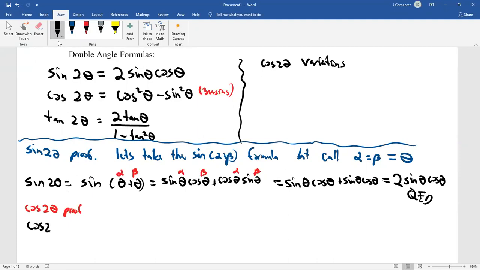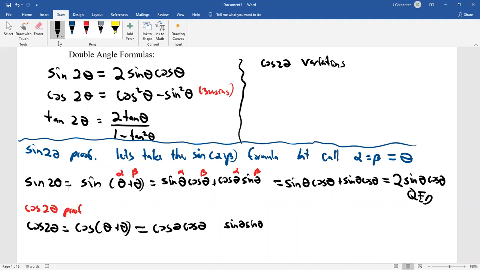So cosine of 2 theta is really the cosine of theta plus theta. 2x is the same as x plus x. We're just deconstructing it. And then that's a first angle, that's a second angle, so that's like the alpha and the beta. We just apply the formula. It goes cosine, cosine, sine, sine. So cosine of the first times cosine of the second, which just happen to match. Then sine of the first, sine of the second, which also match.